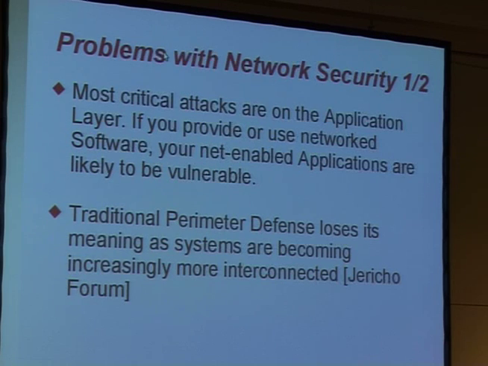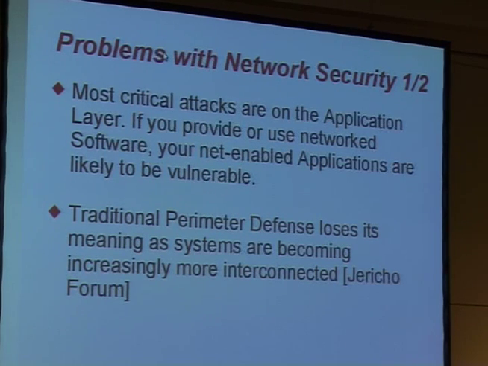Lots of techniques on the network layer. But actually, most of the critical attacks, even on the network layer, are on the application layer, based on bugs in the implementations and in the source code that defines the functionality.